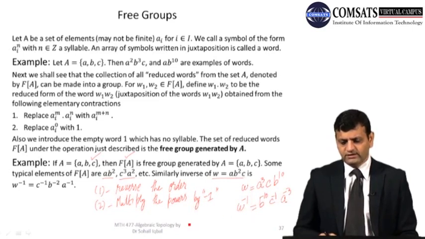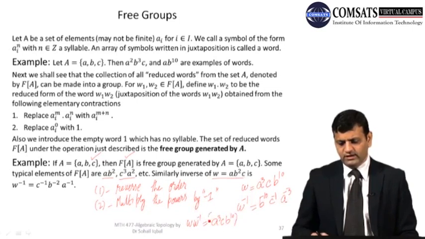So let's multiply w by w inverse to see if the result is identity or not. So a cube c b raised to power 10 multiplied by b raised to power minus 10 c raised to power minus 1, a raised to power minus 3. So this b raised to power 10 and this b raised to power minus 10 will cancel out each other.